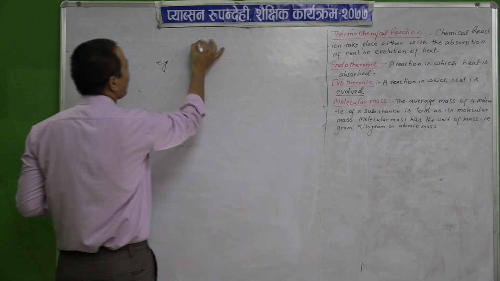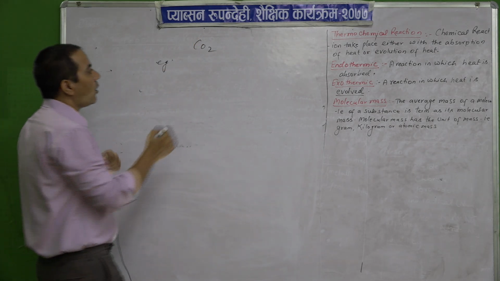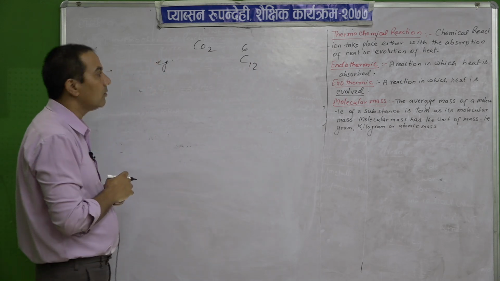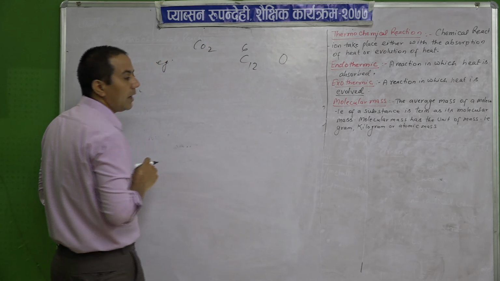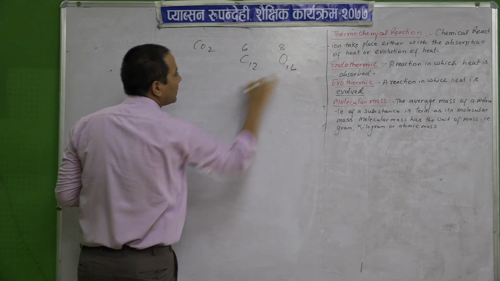Let us take the example of carbon dioxide. What is the atomic number of carbon? 6, and the atomic weight is 12. What is the atomic number of oxygen? That is 8, and the atomic weight is 16.